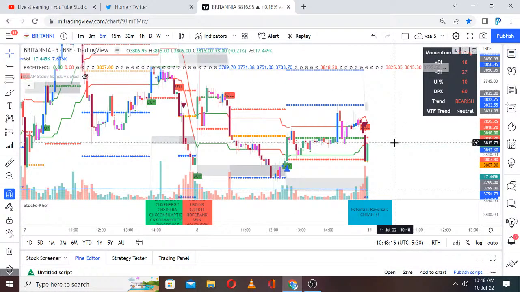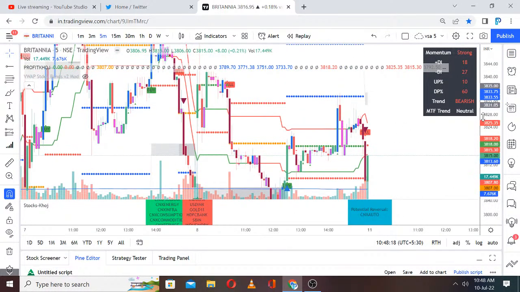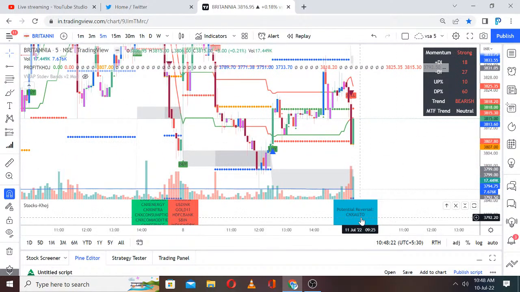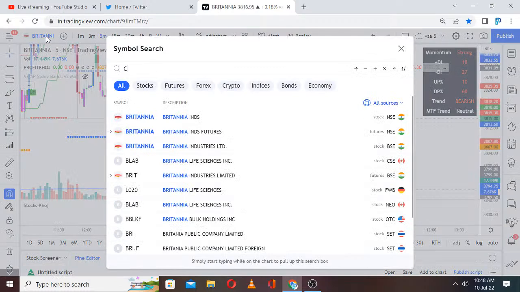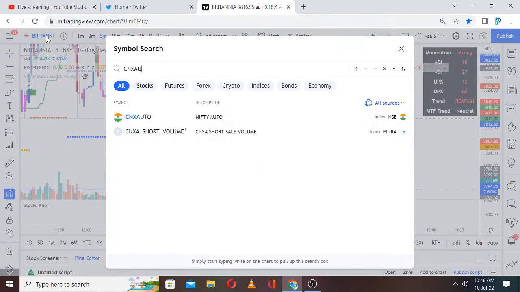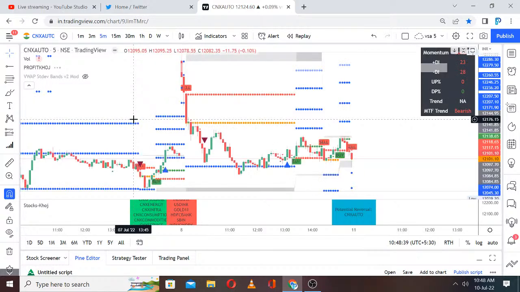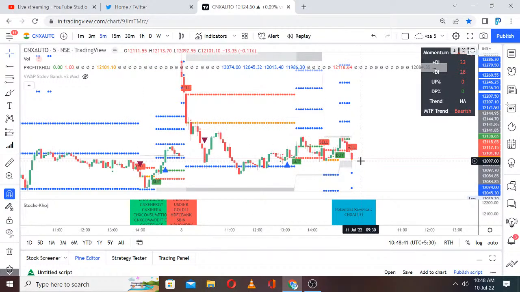Okay, is it okay now? See here, it gave a potential reversal in CNX Auto. So we'll see what a potential reversal is. See, the next candle did not start forming and it gave a sell signal.